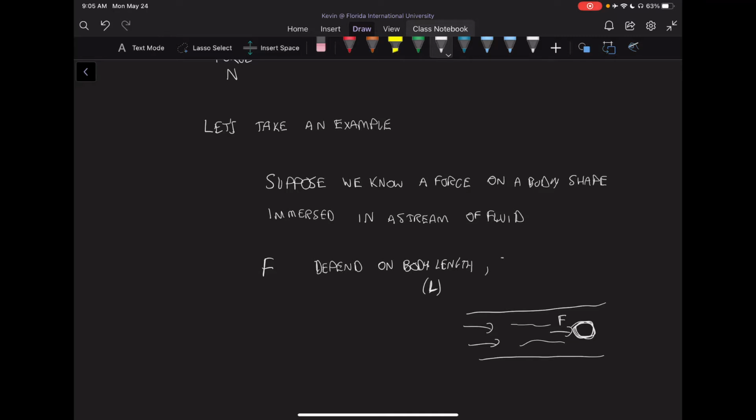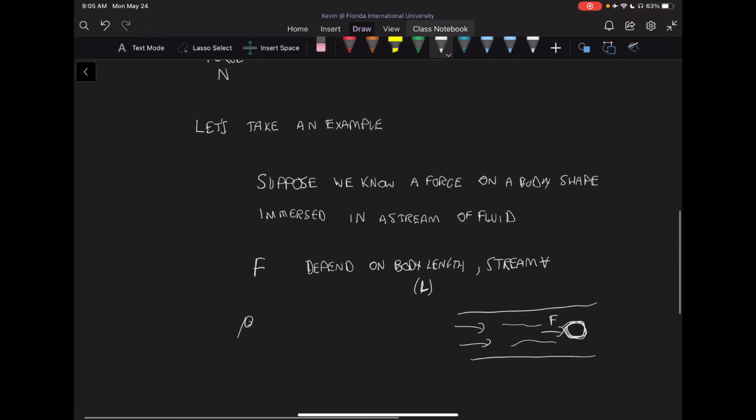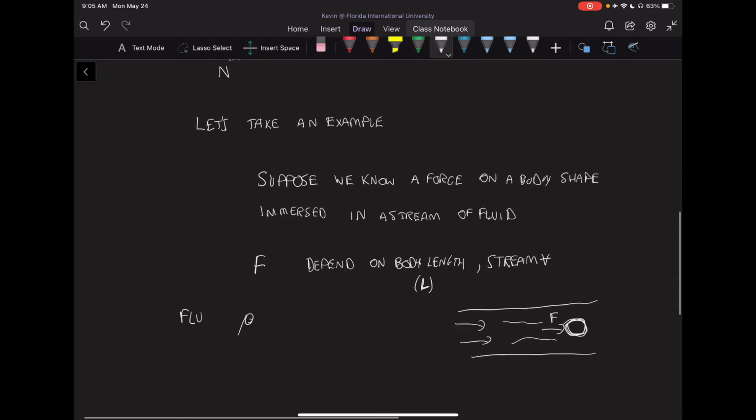It depends on the stream velocity. If the stream velocity changes, you're going to get a different force. It also depends on the fluid density. Not really the body density, but more the fluid density, because we're looking at the force on the body. And also the fluid viscosity.